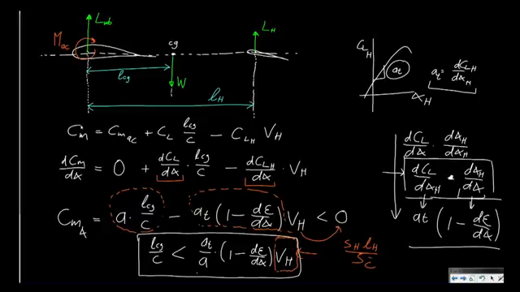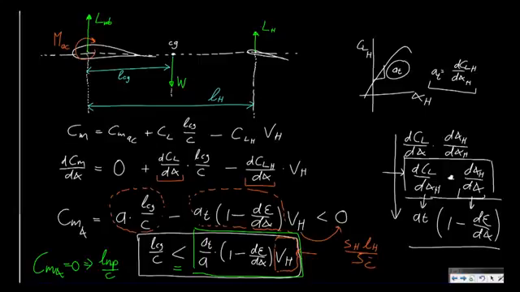And if your center of gravity position is equal to this whole side of the equation, then we call this a neutral point. So the neutral point means it's equal to this, and because then the Cm alpha is 0, it means there's neutral static stability.